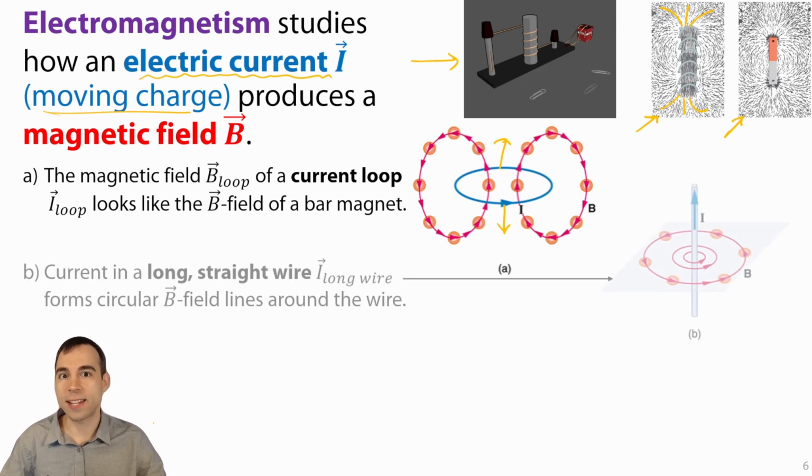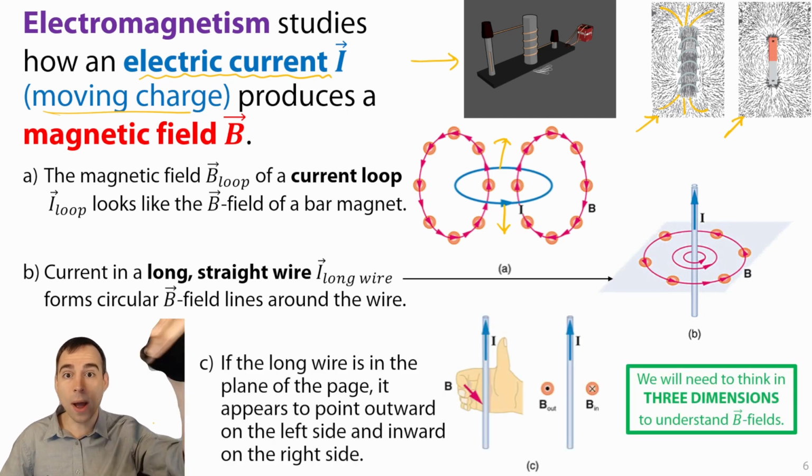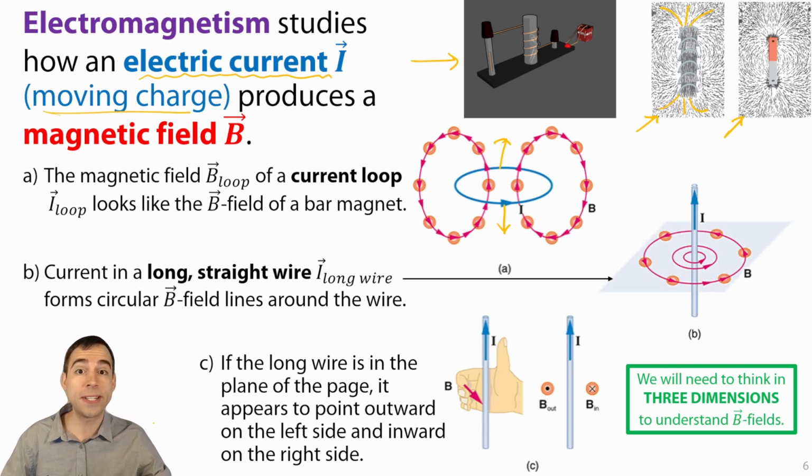In a similar sense, if I was to unbend that current loop and just run current through a straight wire, we could even find that a compass needle is deflected around that straight wire with a current flowing. The compass needle rotates as if its direction is in a circular pattern around a straight current running through a wire. If I imagine that wire as being like a straight up and down current directly in the plane of the page, we could see that we can map out this magnetic field.